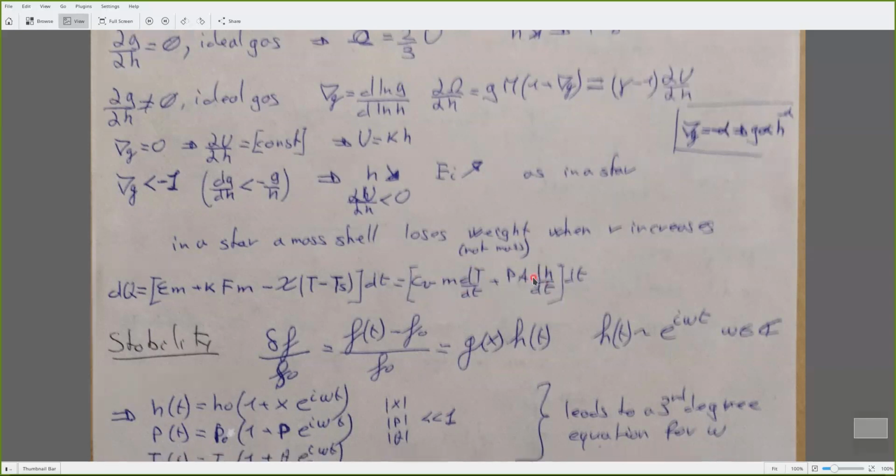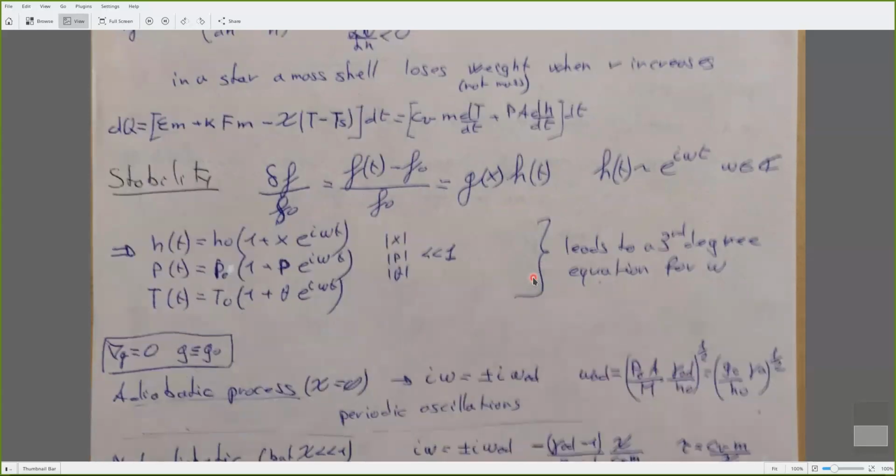To consider stability, what is usually done, classically, is to consider a relative variation of our property, divided by its starting value. This is classical, essentially in all branches of physics.